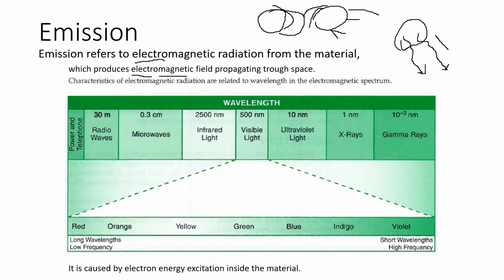We're talking mostly about the electron particle, so the electromagnetic field is going to propagate from some objects or material through the space, and we call that emission. When you think about the waves coming up, these are the different waves coming from different sources.